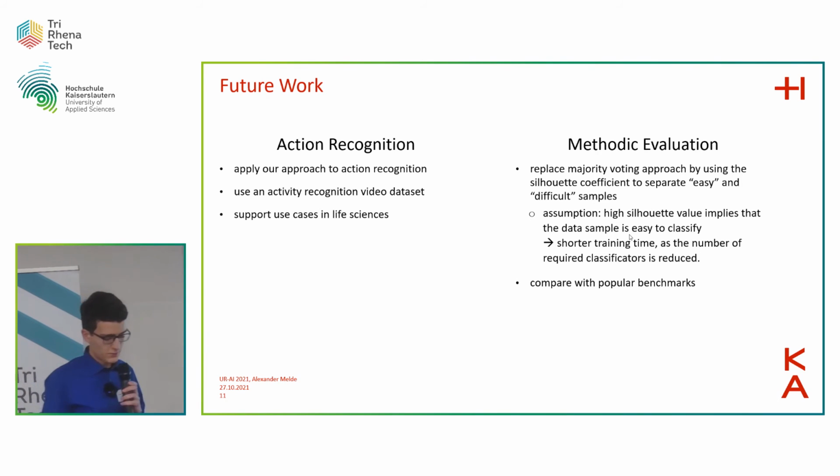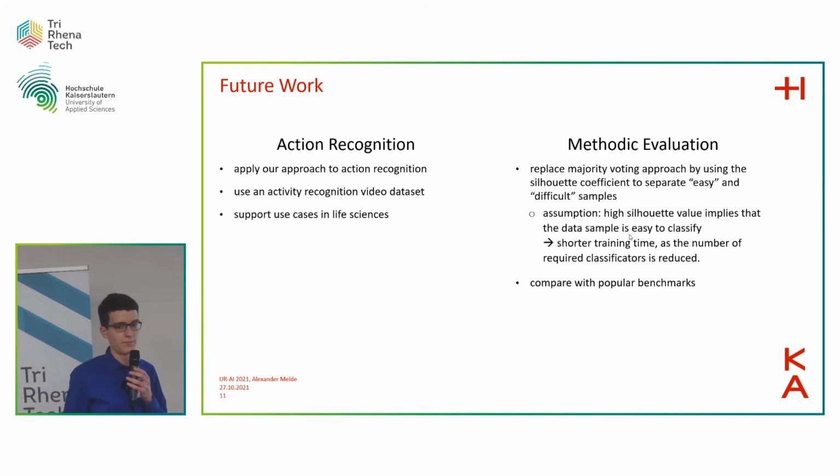In the future, we would like to apply our approach to the area of action recognition to support the use cases of life science. Before we do that, we plan to replace the majority voting approach by using the silhouette coefficient to separate easy and difficult samples.